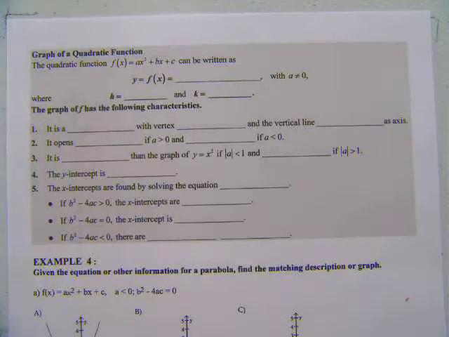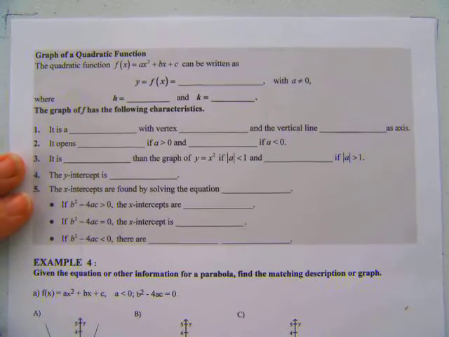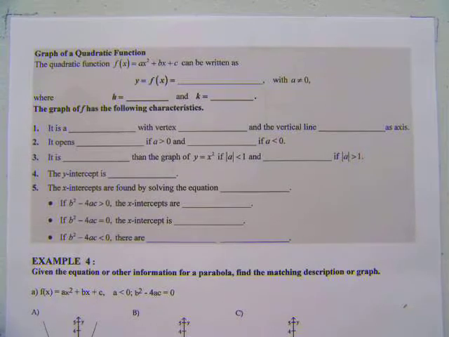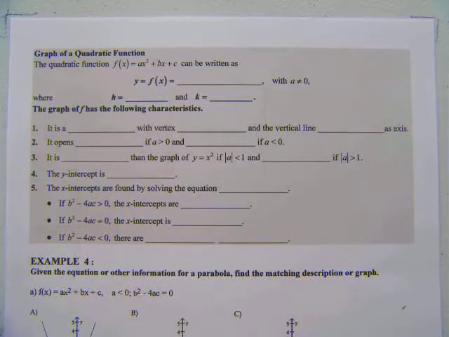I want to fill in these last 2 pages from your notes together because I want to emphasize a few things. So let's start. It says the graph of the function f of x equals ax squared plus bx plus c can be written as y equals f of x. Let's write it after you complete the square.